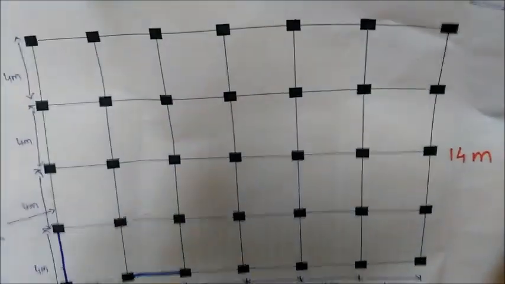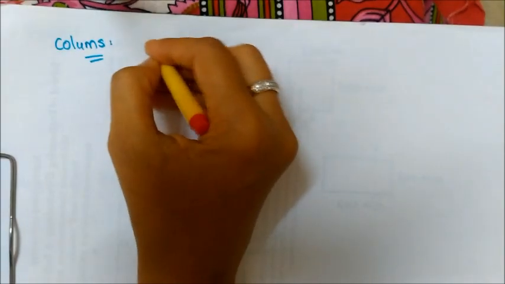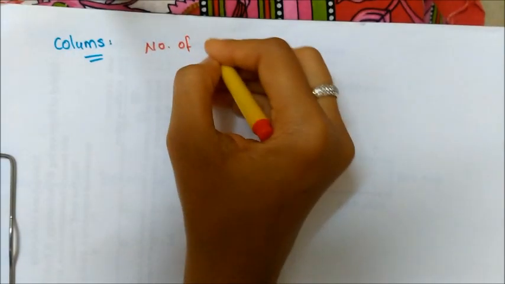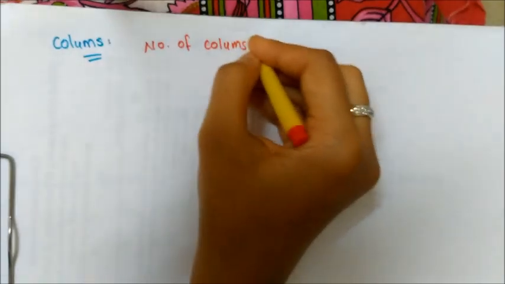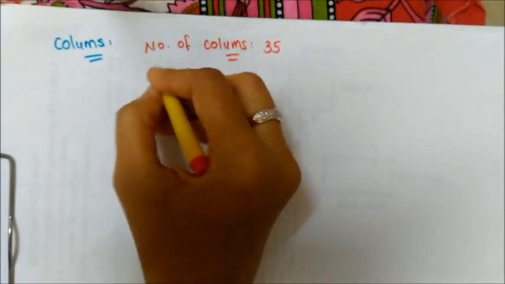Now let's consider the weight of the columns. For that we have to consider how many columns we have. We have a total of 35 columns. So let me write, number of columns are 35. What is our size of column?